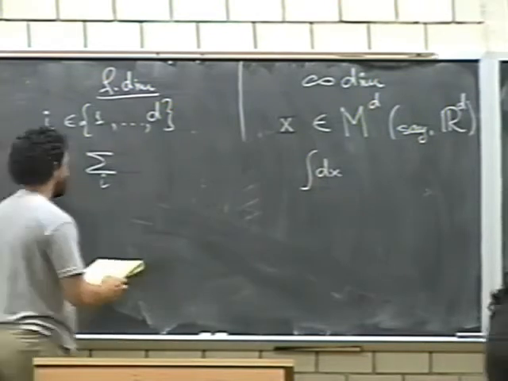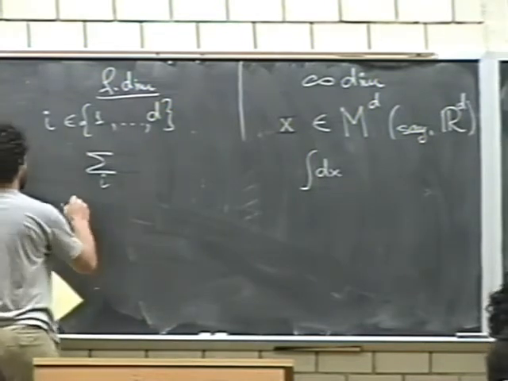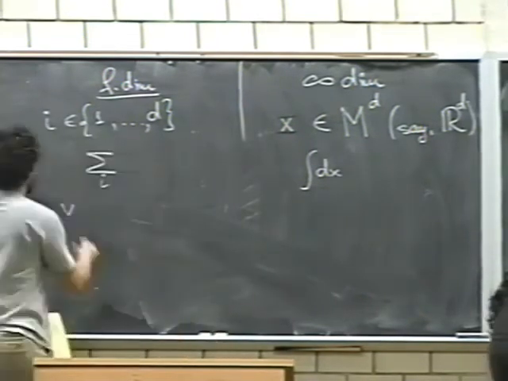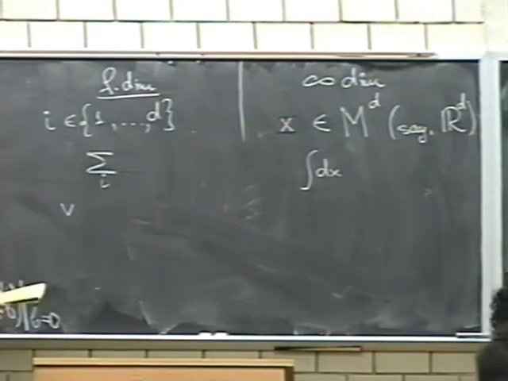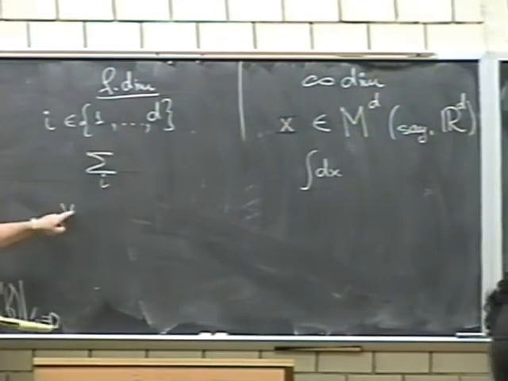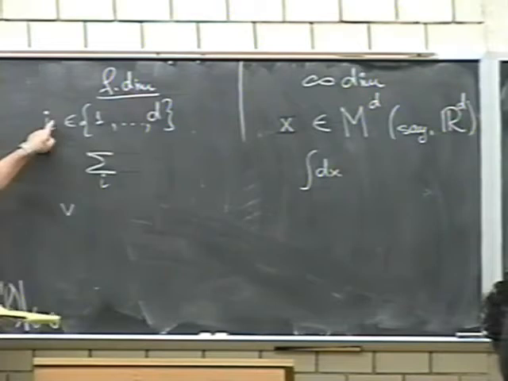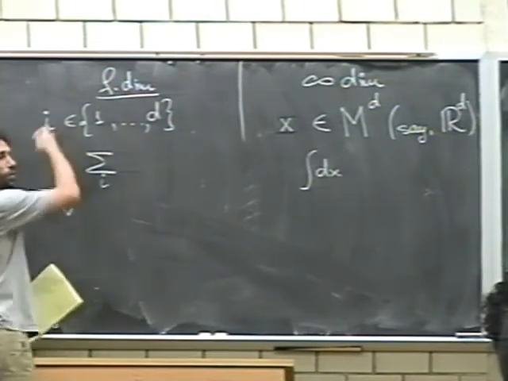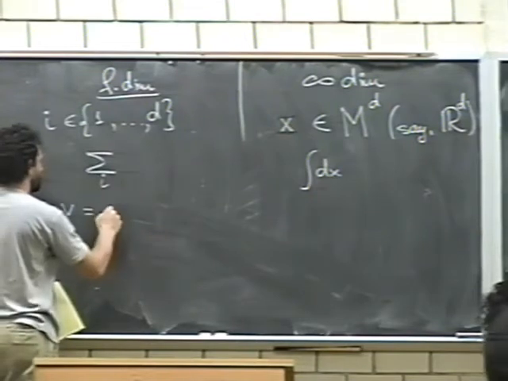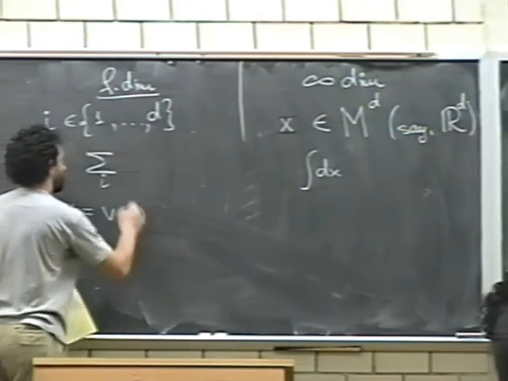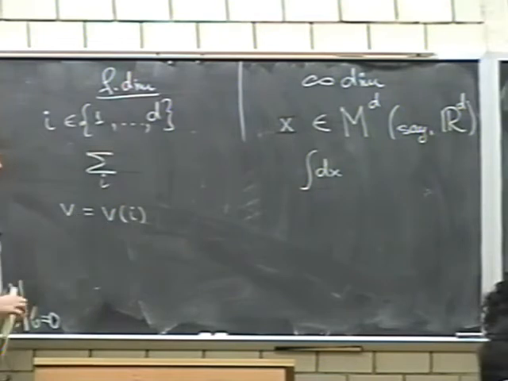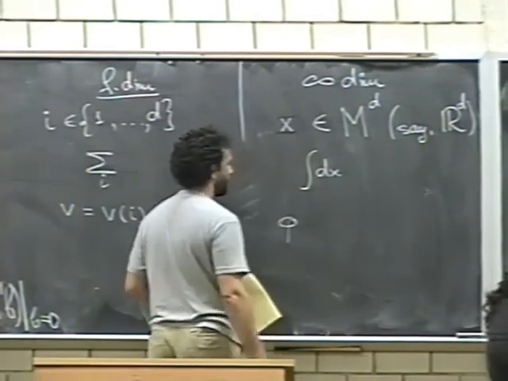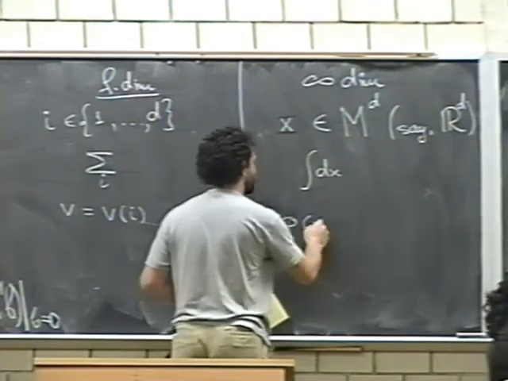Now, v was a vector, so you can think of v as a function of this index i, because it was a vector with all these coordinates. Here, instead, I will write phi, and it will be phi of x.